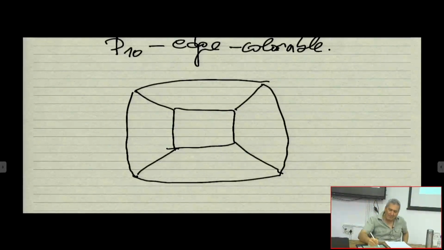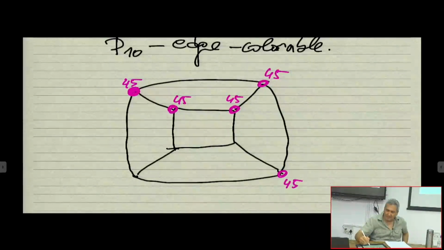I will map all these vertices into the vertex 4, 5. I will not complicate it by mapping into different vertices of Petersen.